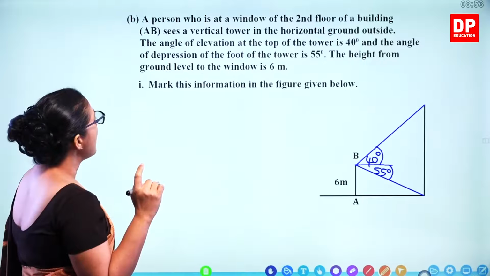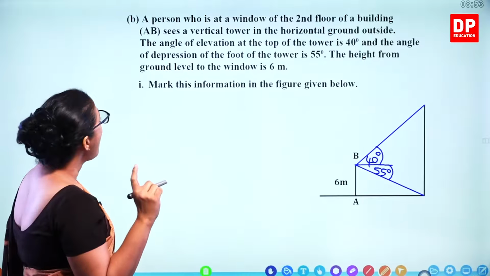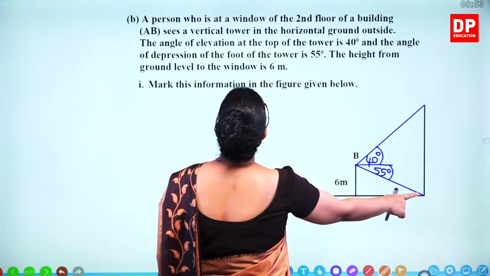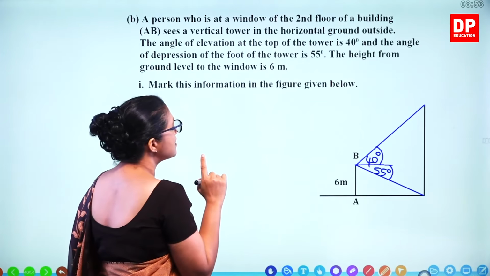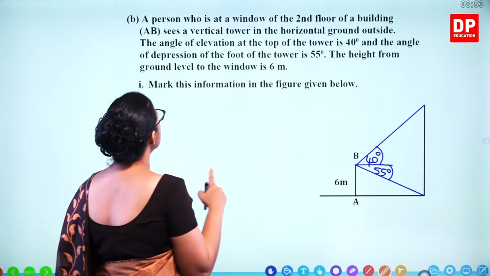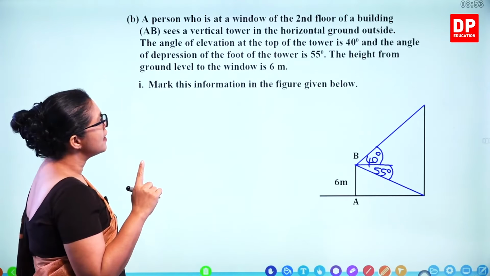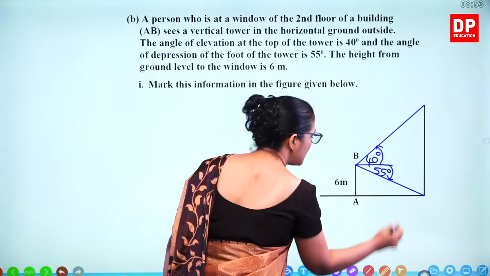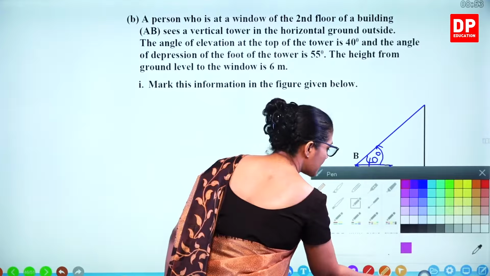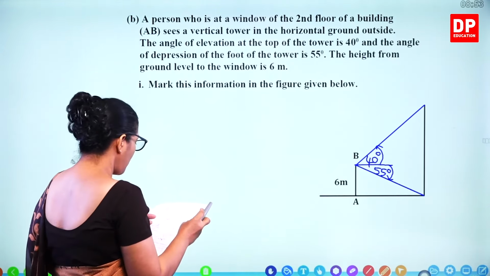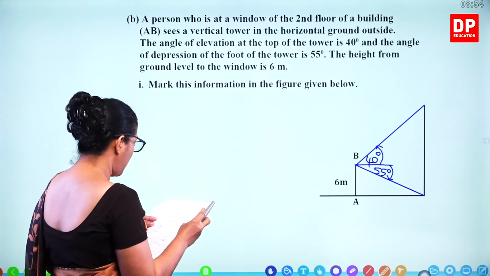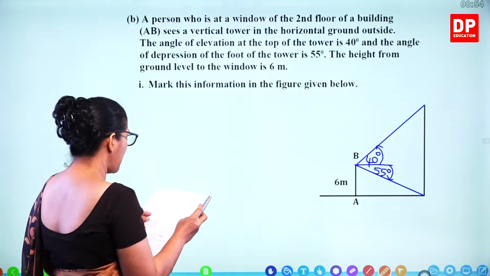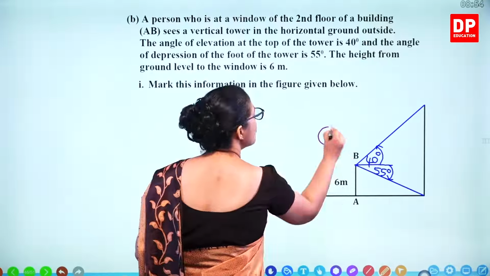That's the first thing you can mark. And the height from the ground level to the window is 6 meters. So this is given as 6 meters. Mark this information in the figure given below. So that's what you can mark, these two angles. How many marks for that? So you get only 2 marks, for showing 40 degrees and 55. So just 2 marks.